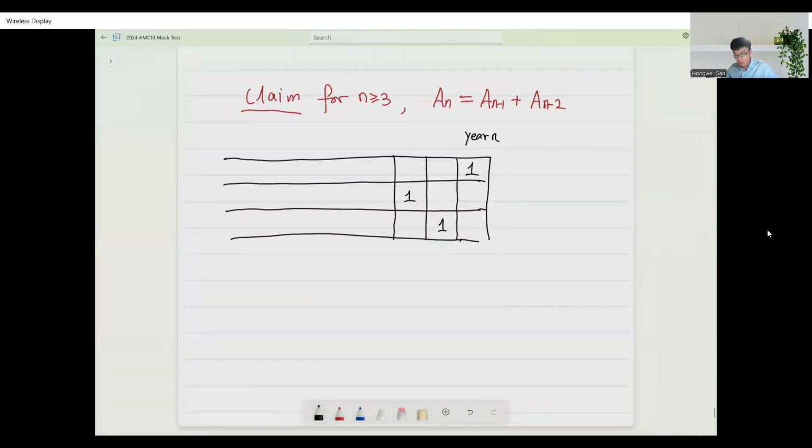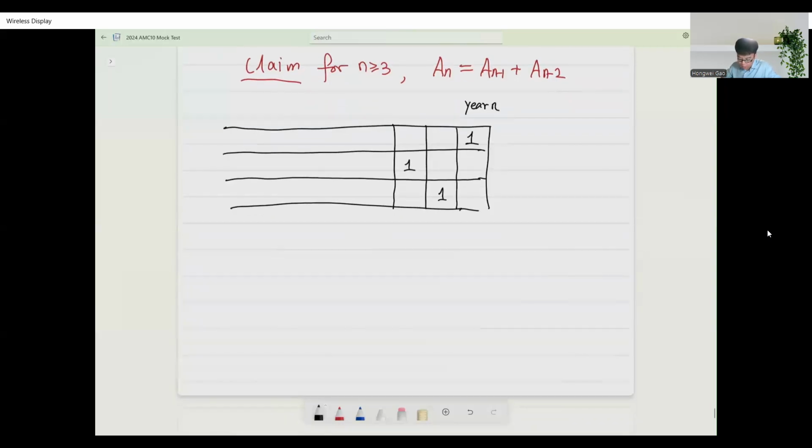Now we're going to discuss the schedules for 2 and 3 backwards. Now in the nth year, we should put 2 and 3. There are basically two cases.